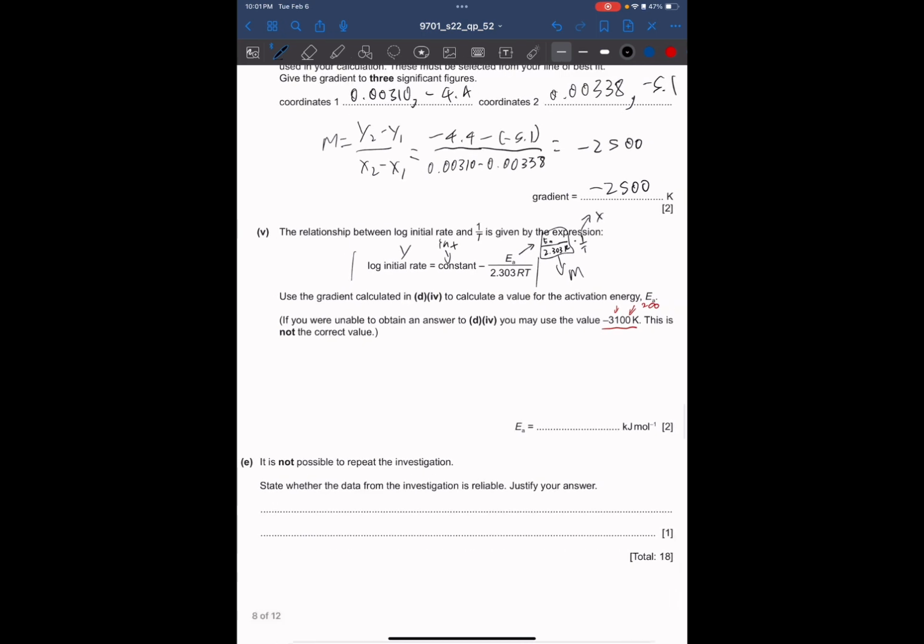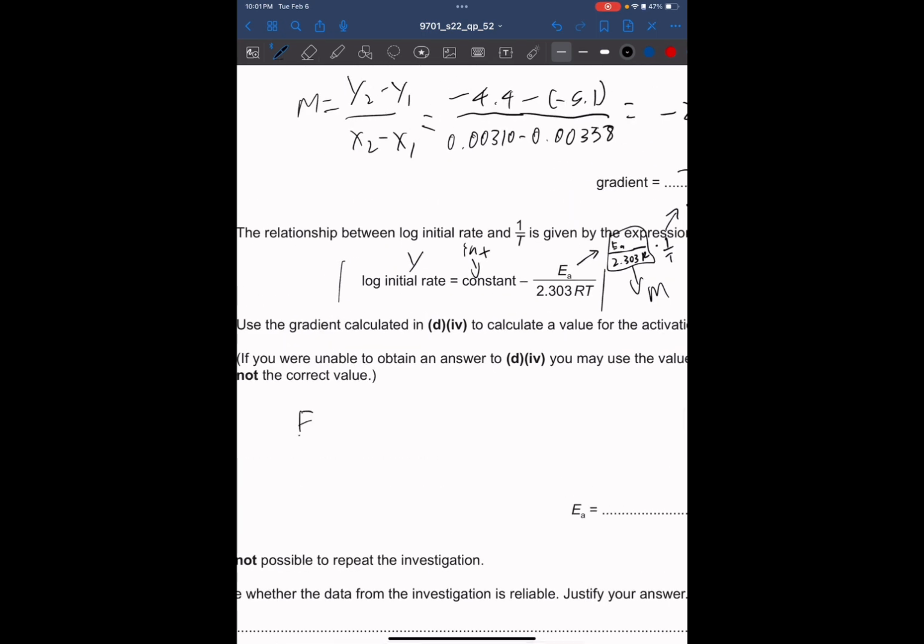So our EA over 2.303 r equals m. That means our EA is going to be 2.303 times r times m.